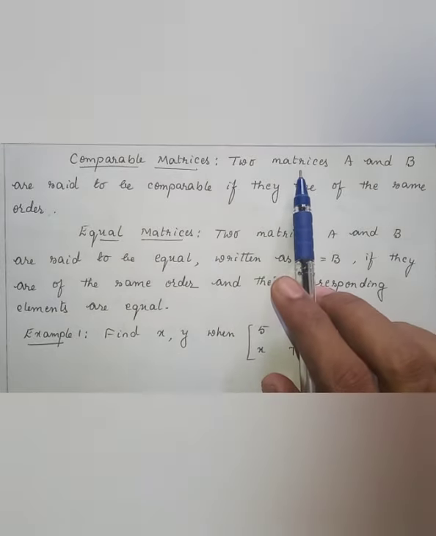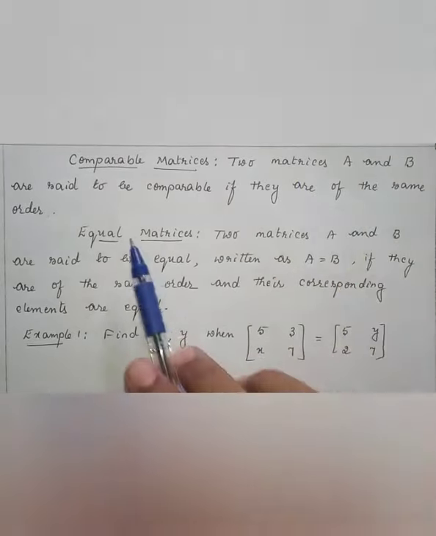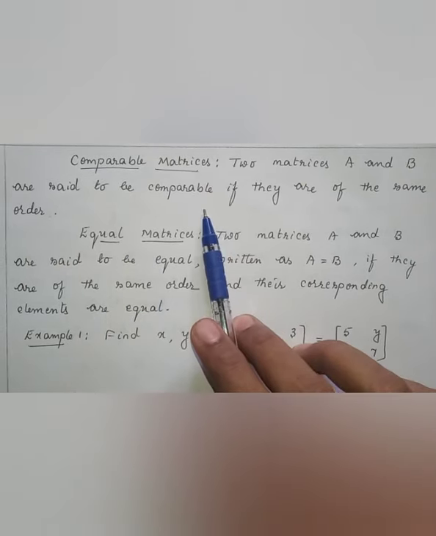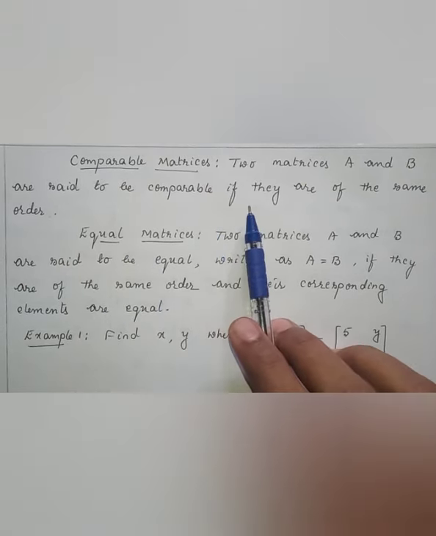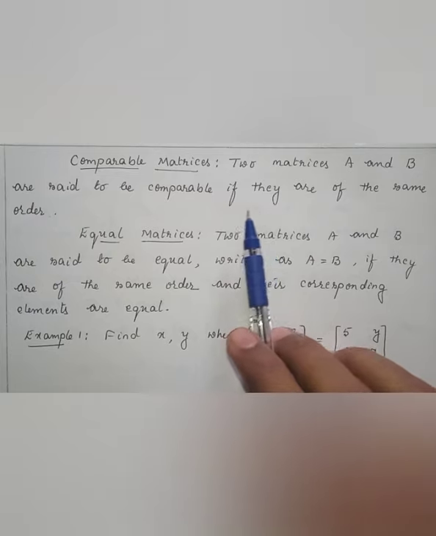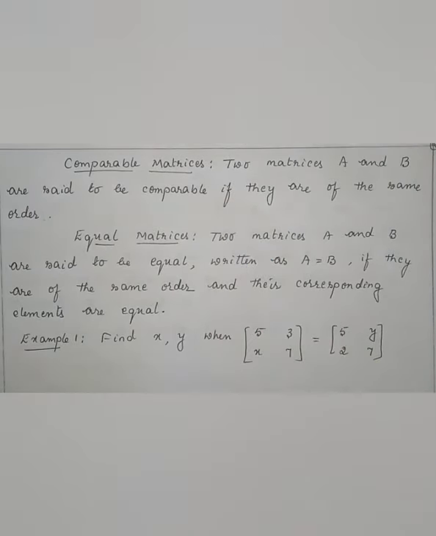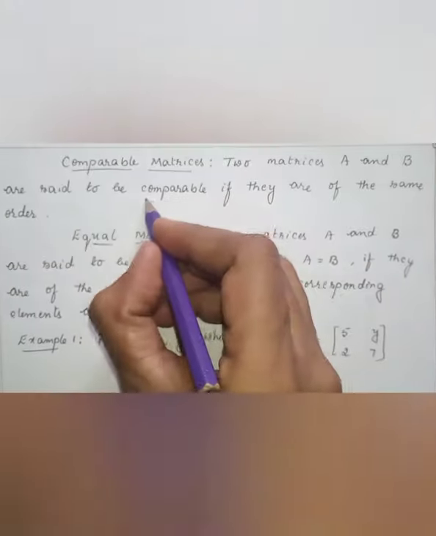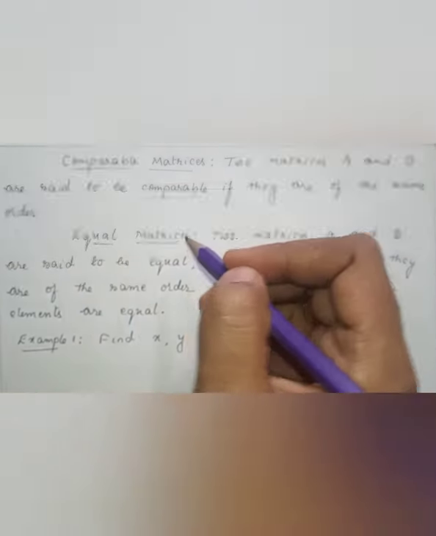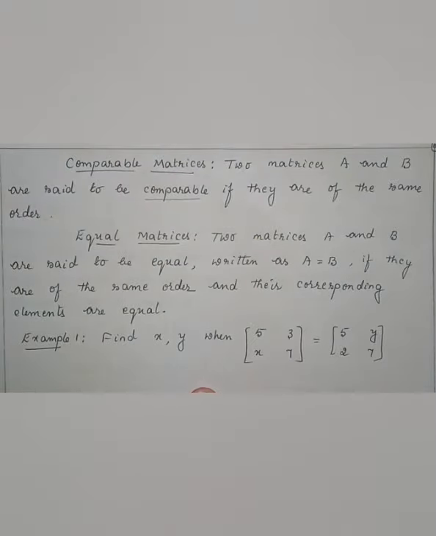Matrix A and matrix B are said to be comparable if they are of the same order. You know what we mean by order? Order means the number of rows and number of columns in a matrix defines the order. So, two matrices A and B are said to be comparable if they are of the same order here.